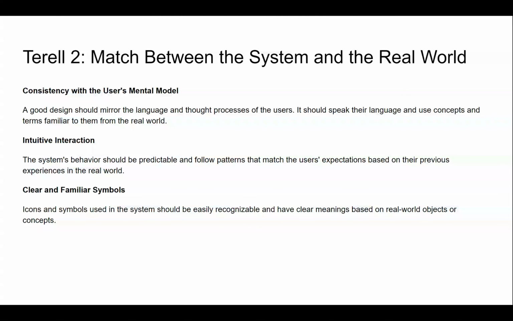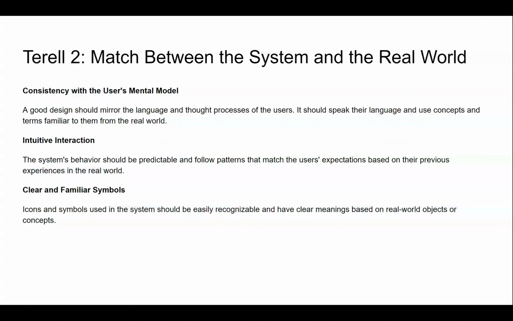This means that when you go to an application, whatever button that you press should be based on real experiences in the real world. If I press on a button in the real world, it goes to that specific page, right?